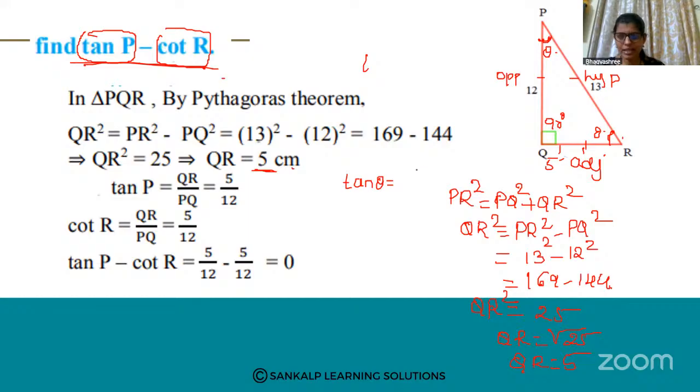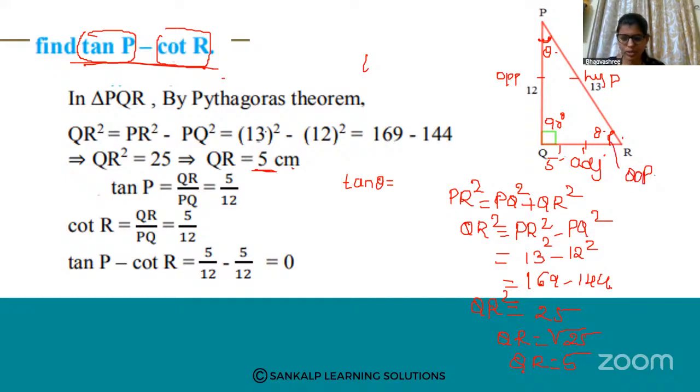Opposite divided by adjacent. So here, which one is opposite to theta? QR, right?